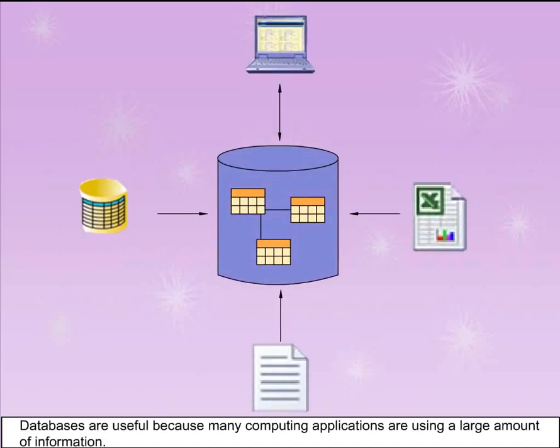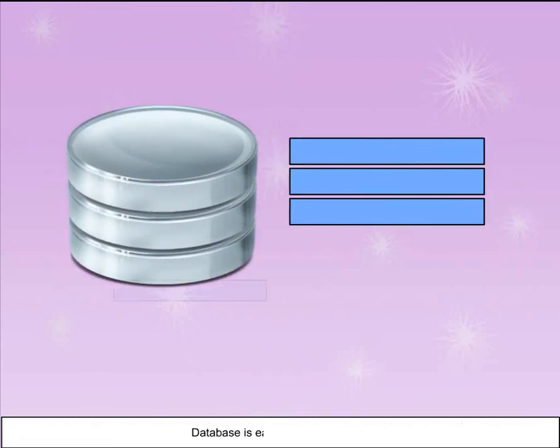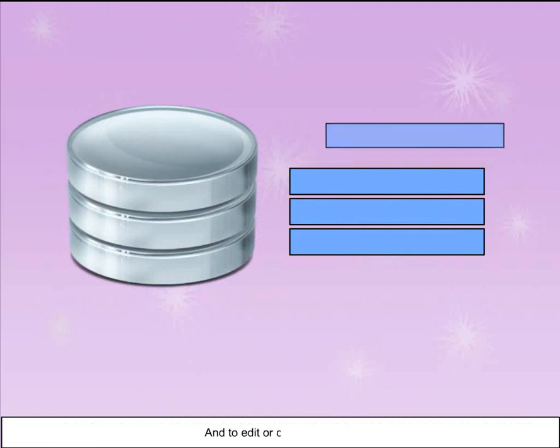Databases are useful because many computing applications are using a large amount of information. It is easy to add new data and to edit or delete old data. There is ease of storage.